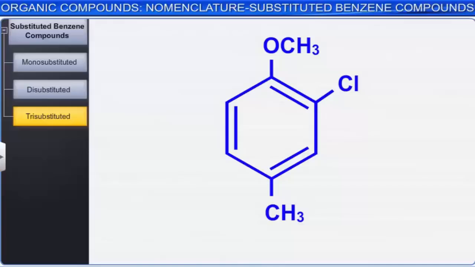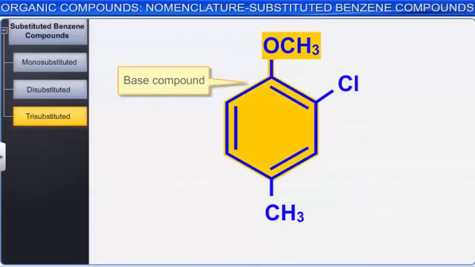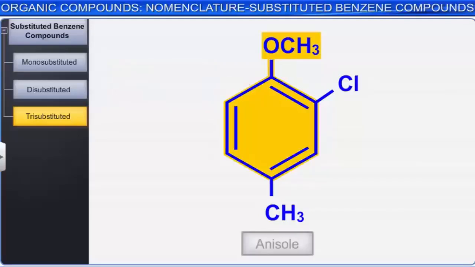In certain cases, the common name of the benzene derivative is taken as the base compound. Thus, anisole is the base compound in the following structure. The numbering of the carbon atoms starts from the carbon bearing the substituent of the base compound. Thus, the carbon bearing the substituent of the base compound, methoxy, is assigned the number 1.